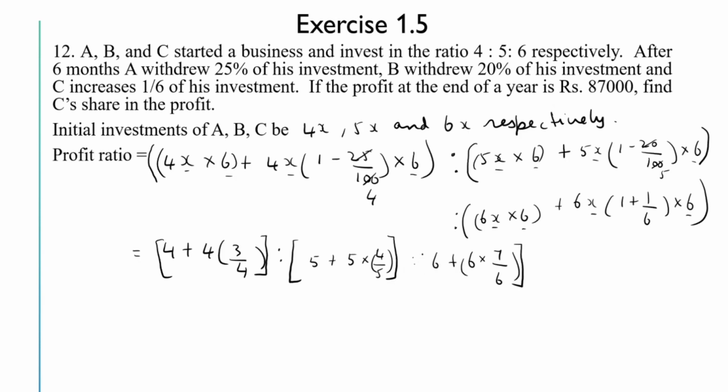I hope this is clear. So this 4 will go, this 5 goes off, this 6 and this 6 will go. So here we will have 7 : 9 : 13. So we have got the profit ratio as 7 : 9 : 13.